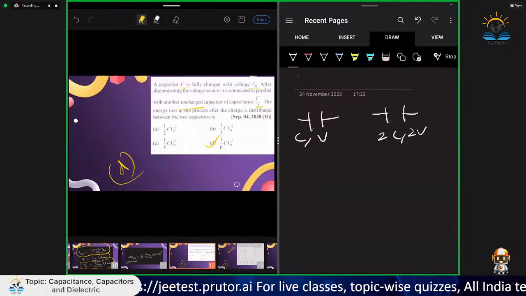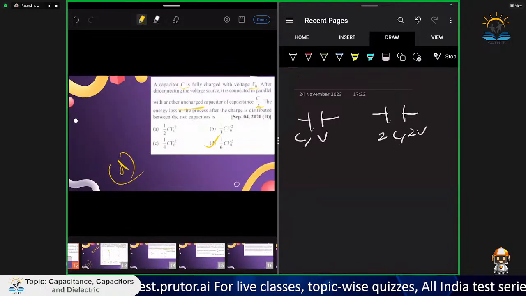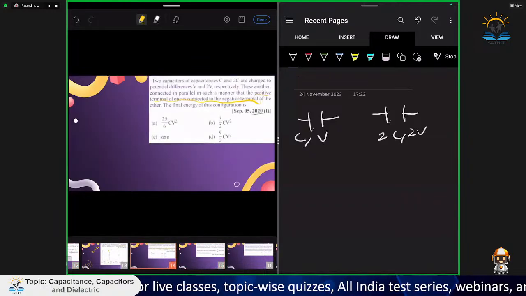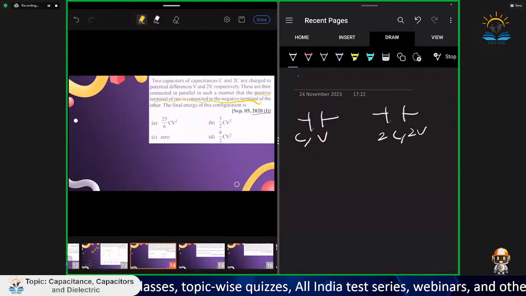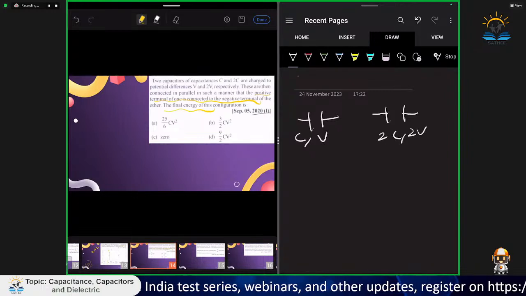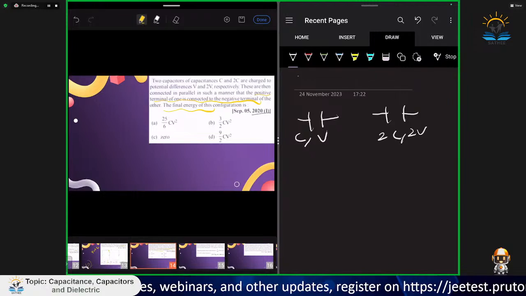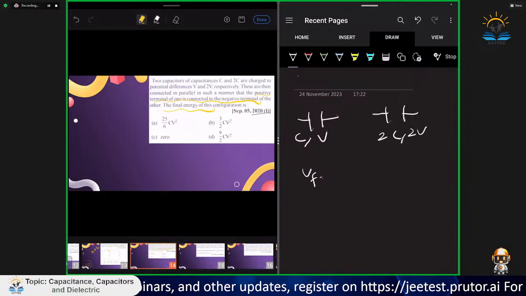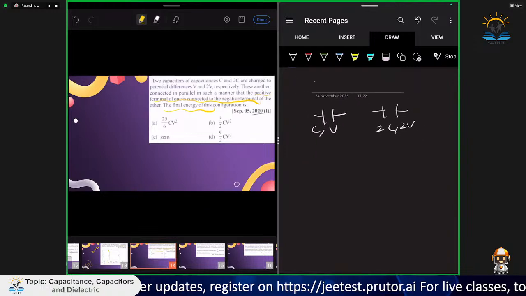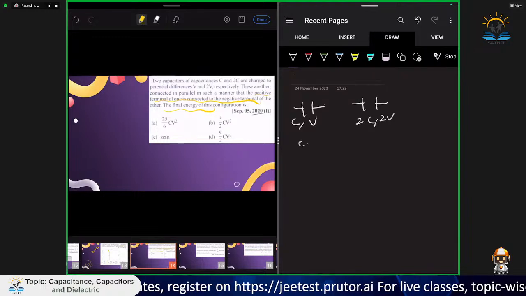So in this question, the positive terminal of one is connected to the negative terminal. So it is C1 V1 minus C2 V2, that's the difference. Final energy of this configuration. Again, very simple question. You can just find out the final potential right before that.